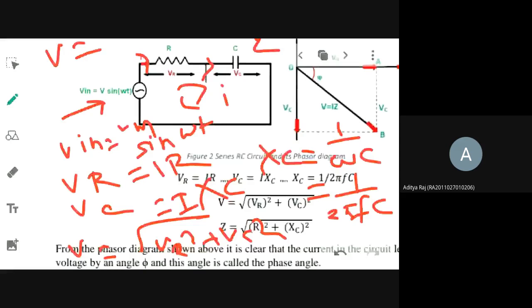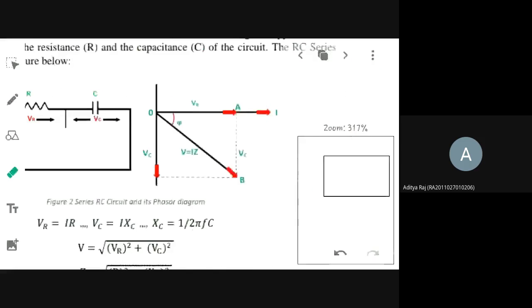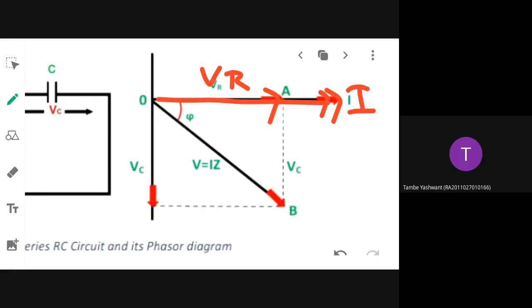Now again, if I want to draw the phasor diagram in this case, again I have taken current as the reference. VR and I are in phase or out of phase? In phase. Now I want to draw the phasor for VC. So here comes my current.